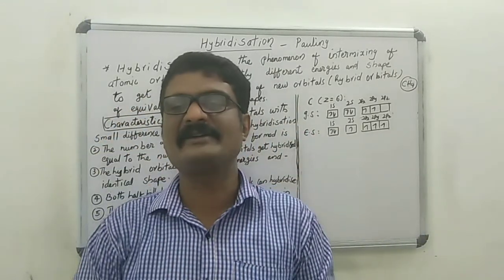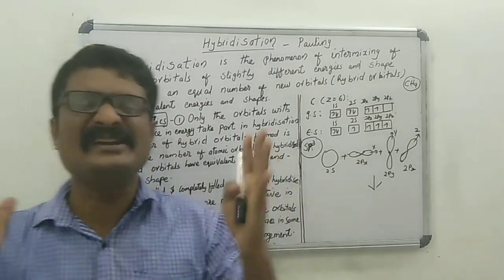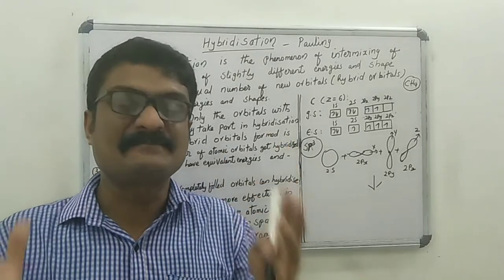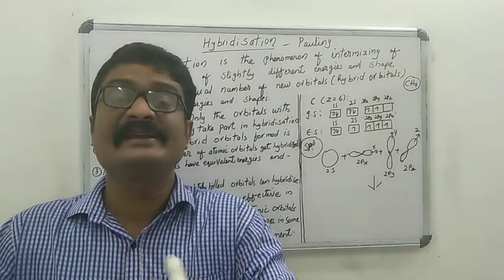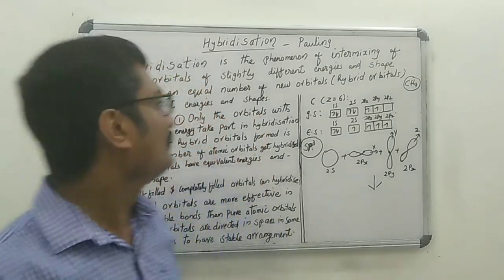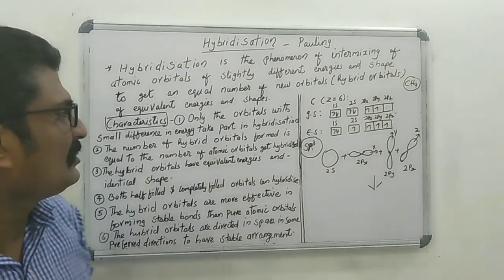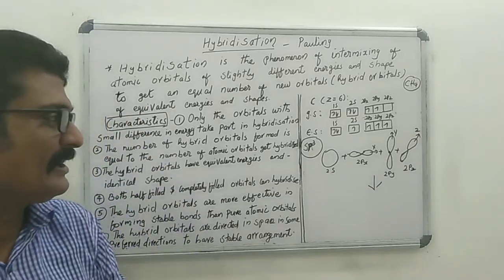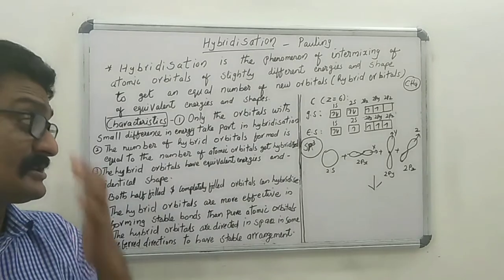There are different types of hybridization: sp3, sp2, sp, sp3d, sp3d2, etc. We can explain the characteristics of hybridization on the basis of sp3 hybridization.